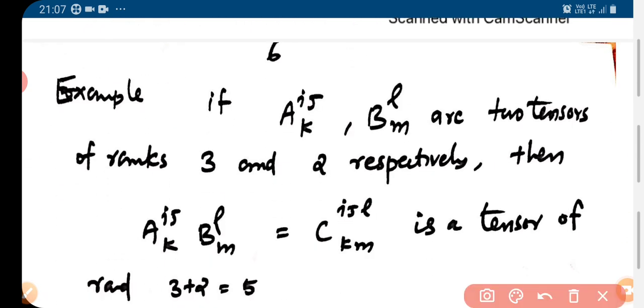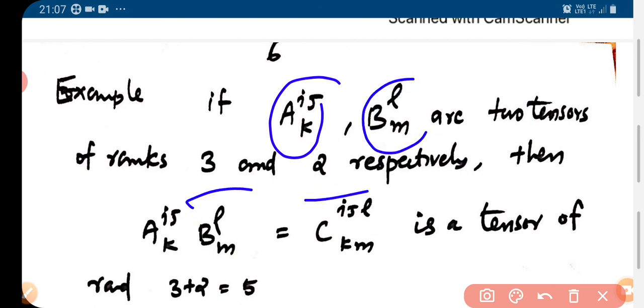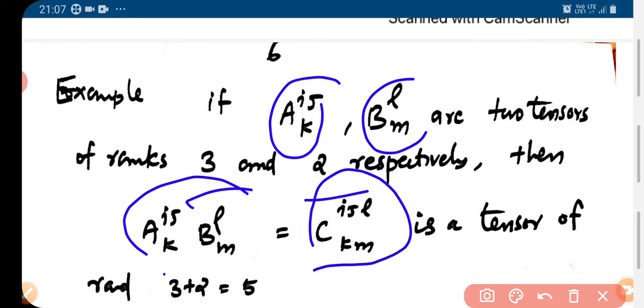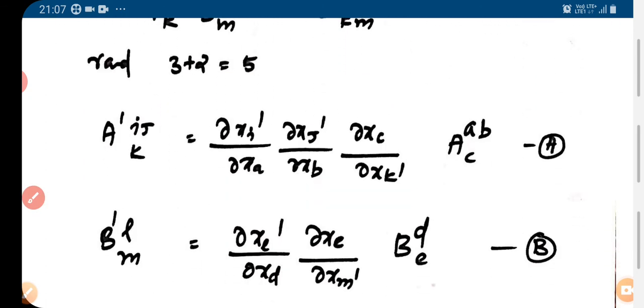If A^{i}_{jk} and B^{l}_{m} are two tensors of rank 3 and 2 respectively, then taking the product A^{i}_{jk} B^{l}_{m}, that will be a tensor of rank 5. See here, this is rank 3, and this is rank 2, so 3 plus 2, 5. This will be the rank of this new tensor obtained through the direct product.